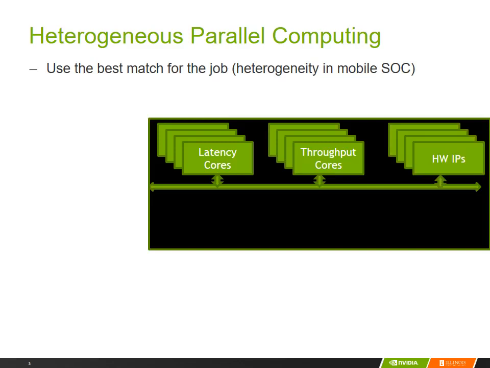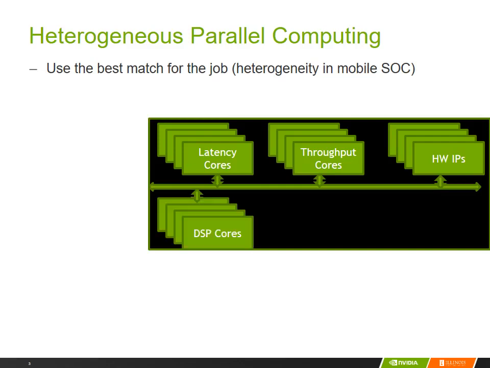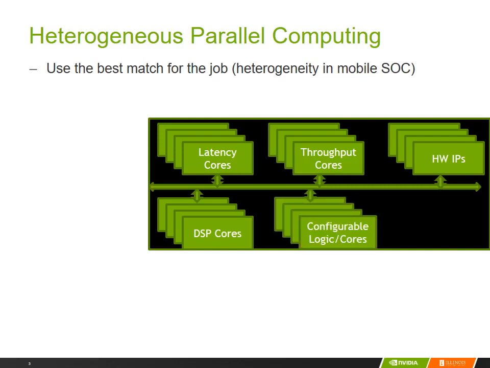Oftentimes, we have hardware IPs that would accelerate certain types of functionality, such as video processing. We also will have DSP cores that typically are used for baseband processing and communication. And we sometimes can find configurable logic and cores on these SoCs to accommodate special needs for applications.